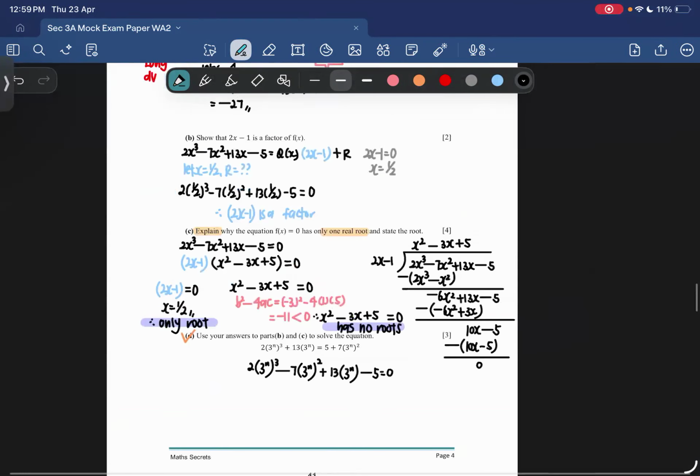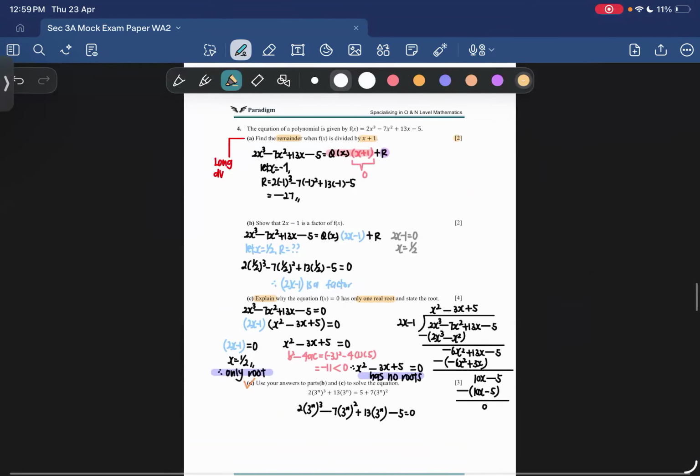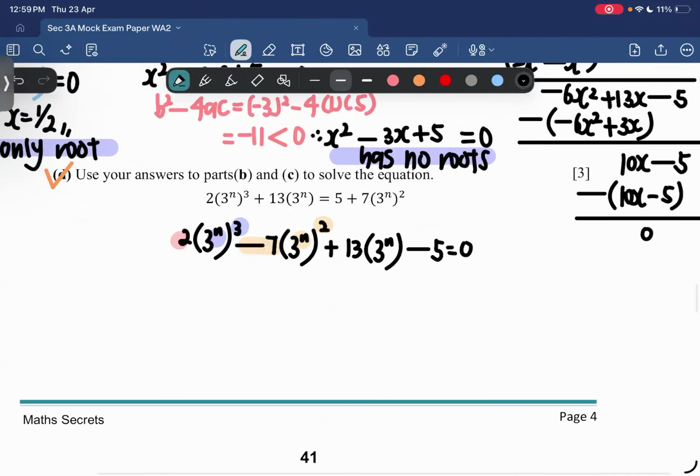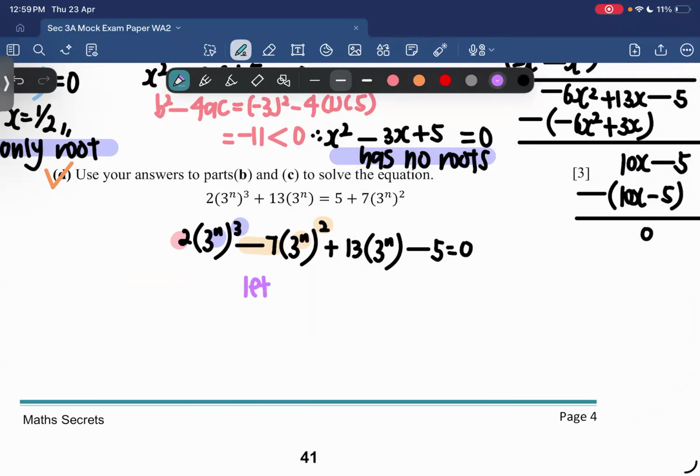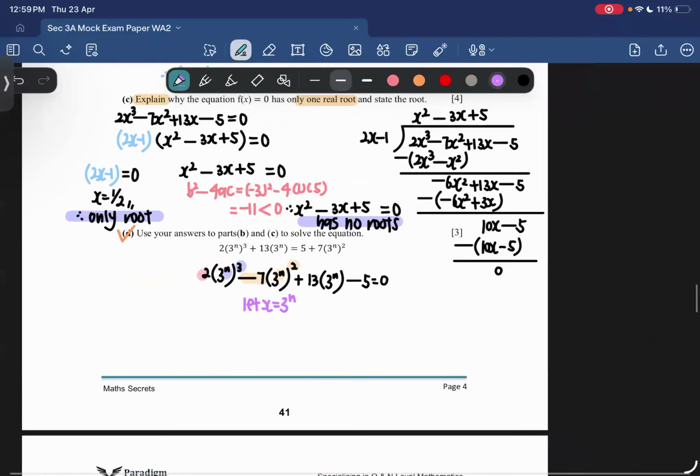Okay, so from here we're going to compare, all the way to the top. Look here, 2 together with 2. Then x cubed becomes this thing cubed, right or not? Then minus 7x squared becomes minus 7 this thing squared. So you check all the way. You realize the substitution or not? The substitution is your x has become 3 power n. Can you see that?